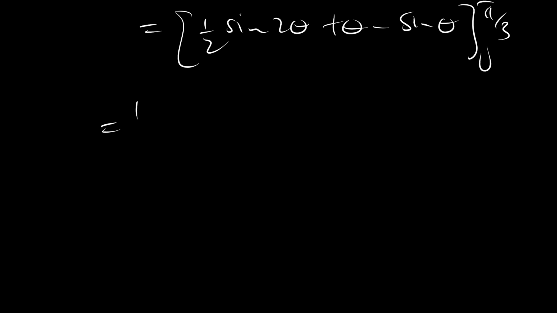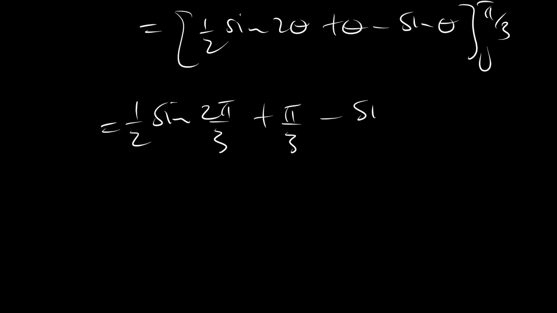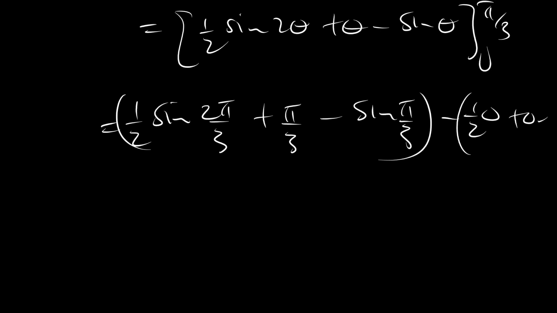Our problem has brought us to a half sine 2 theta plus theta minus sine theta from 0 to pi over 3, which is the same as half sine of 2 pi over 3 plus pi over 3 minus sine pi over 3, minus half of 0 plus 0 minus 0.